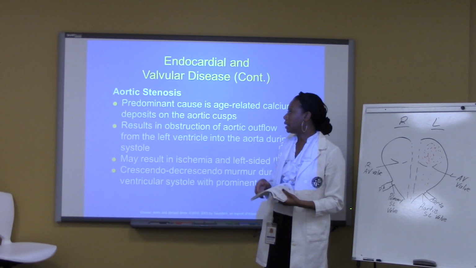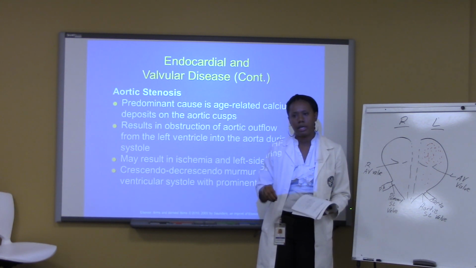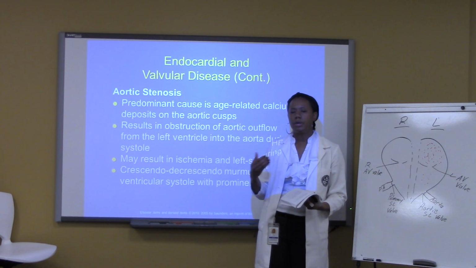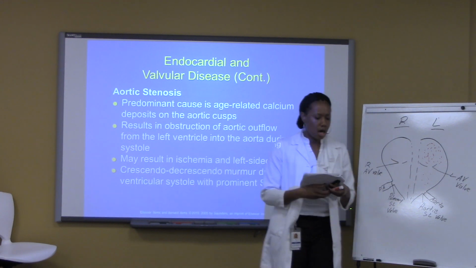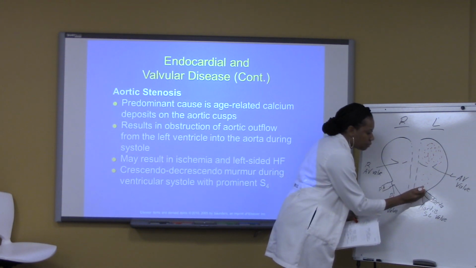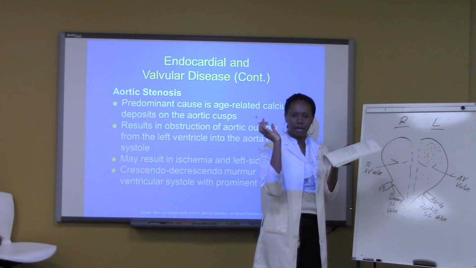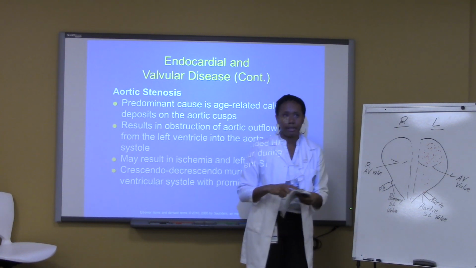Say an elderly person is going through osteoporosis, the bone is breaking down, and we are releasing more calcium into the bloodstream. This calcium can unfortunately deposit and pool right around the aortic semilunar valves, okay? Remember those valves are a half-moon shape, sort of like a cup, and those calcium deposits just sit right there.